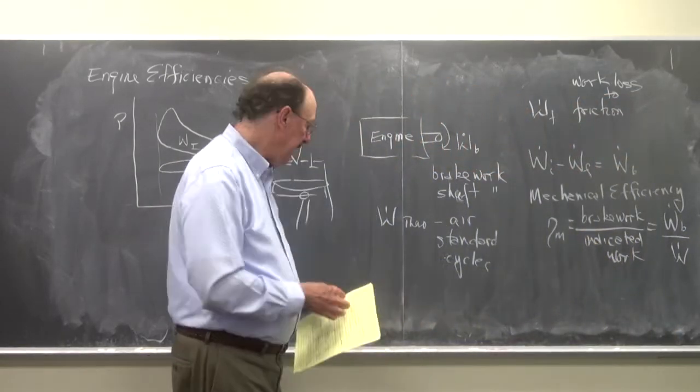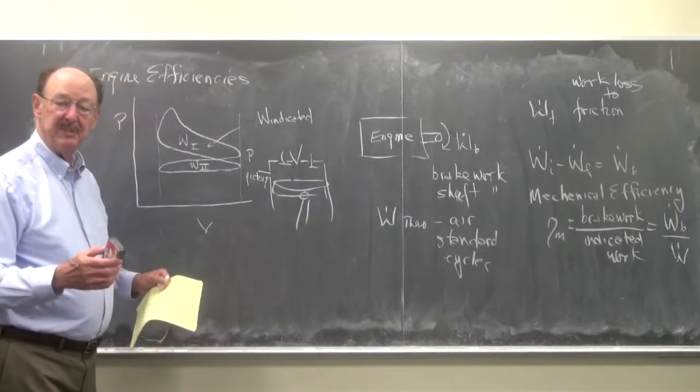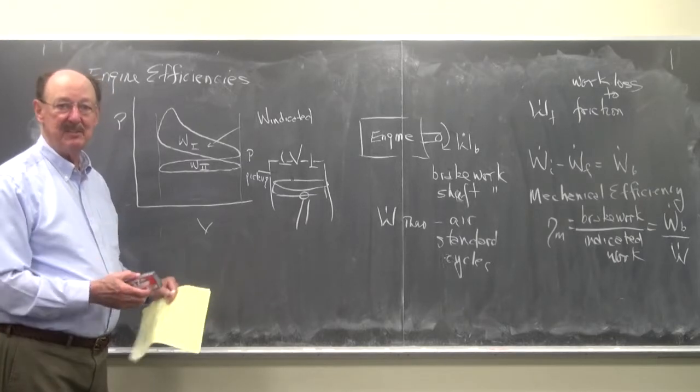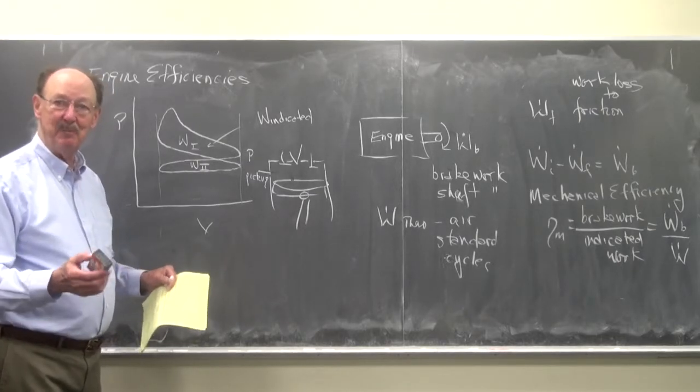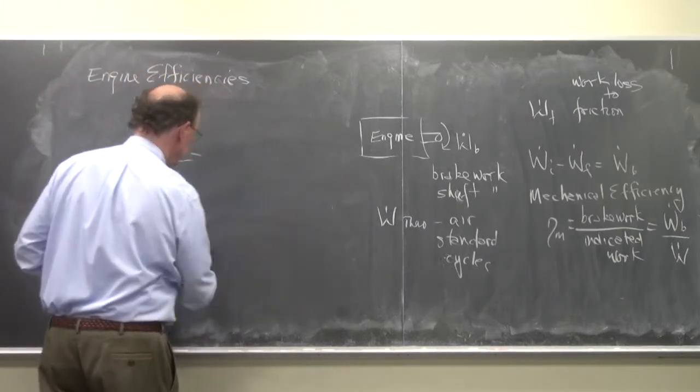We have the brake engine efficiency. And this is why I said we have to look these up, because I can't remember these unless I look at the definitions, and I've been doing this a lot longer than you've been doing it. And so let's look at the brake engine efficiency.